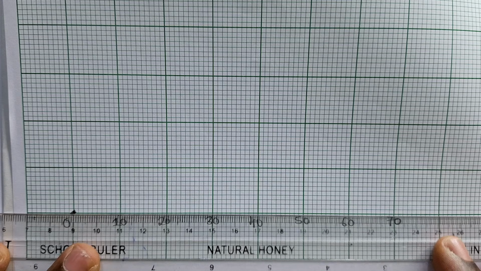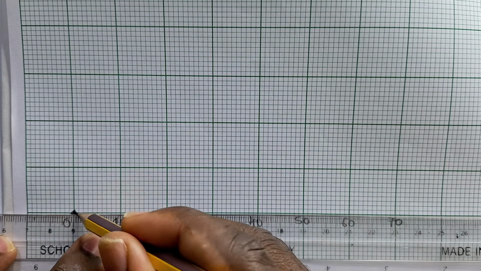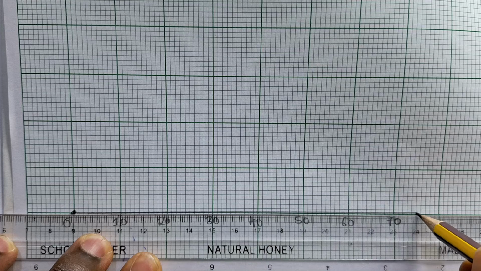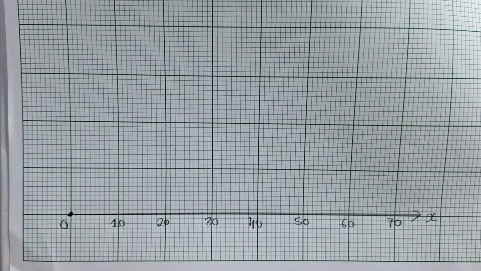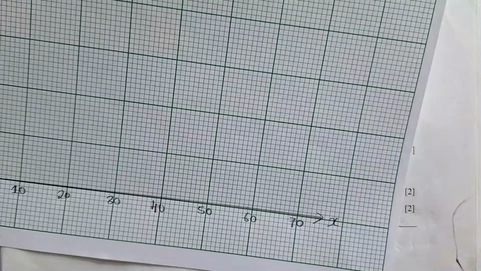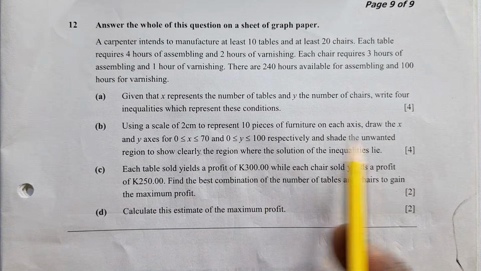So you draw your x-axis, very nice, and your work must be neat. So this is our x-axis right over here. Again, you check. Here they are saying 0 to 100. We are moving in tens.